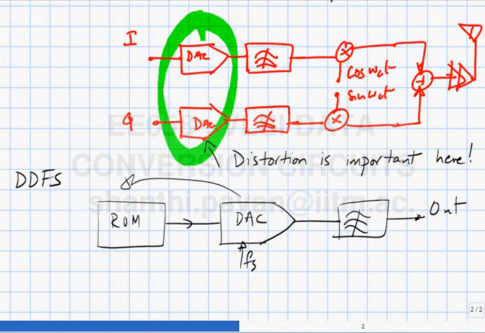A 14-bit DAC ideally should give you a signal to quantization noise ratio of about 86 dB. In practice you will not get that. You probably get maybe 70 to 75 dB, depending on the quality of the DAC.